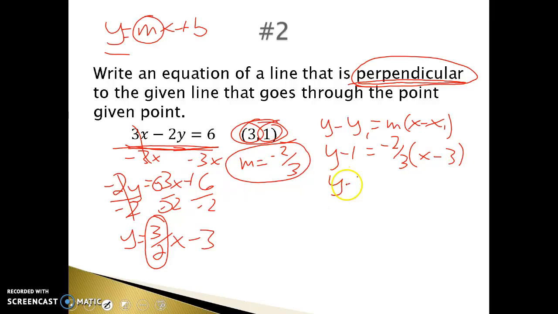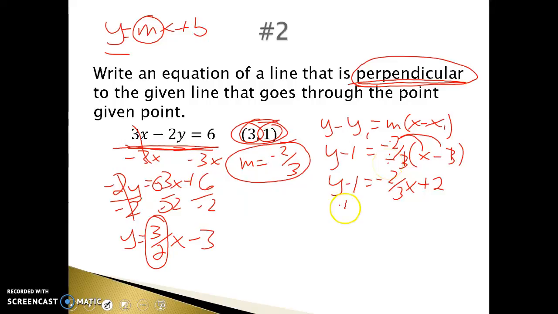And so I'll have y minus 1 equals, if I distribute my negative 2/3, negative 2/3 x, and negative 2/3 times negative 3, well that's a negative times a negative, so it's positive. The 3's would cancel each other out, and I would have a positive 2. Or I could think about it as multiplying by the top and dividing by the bottom. Either way I get a positive 2.